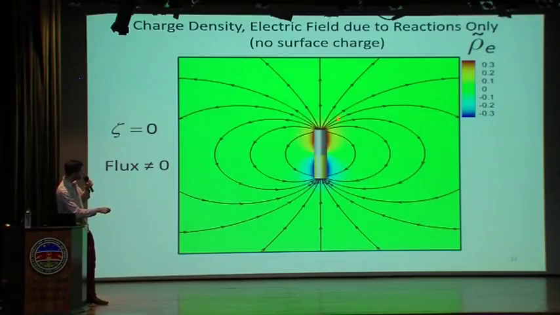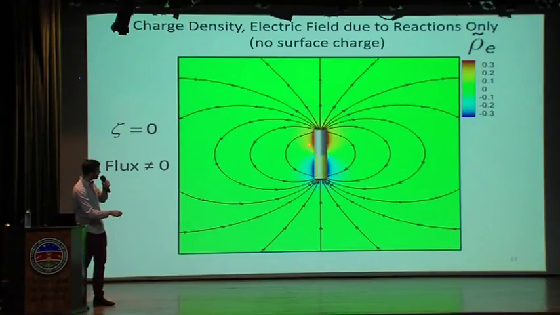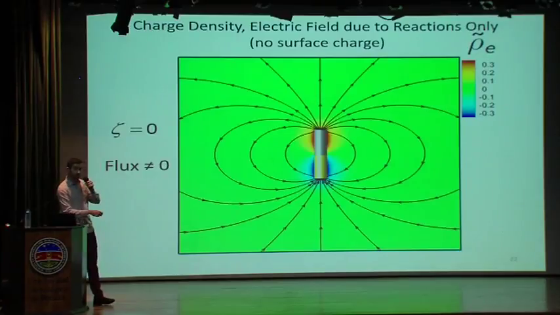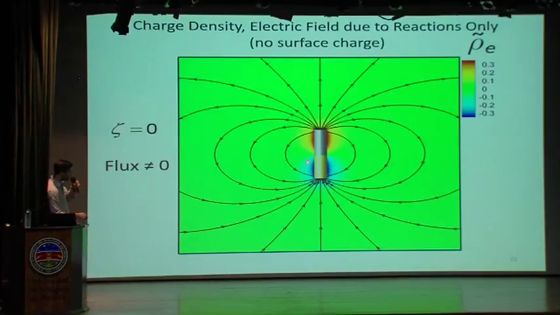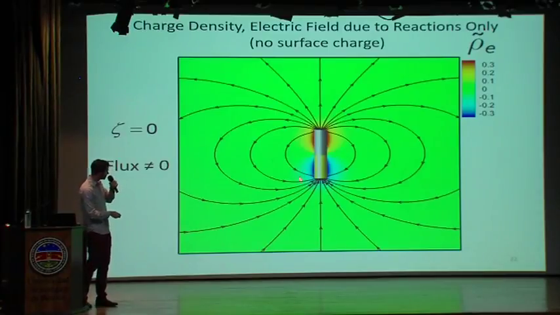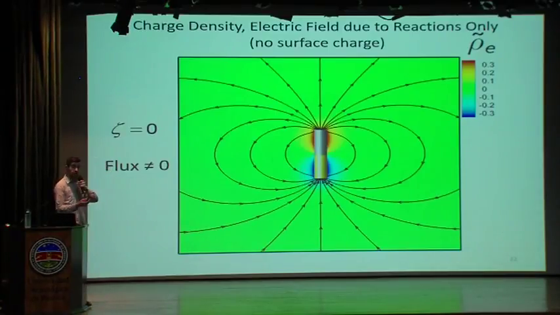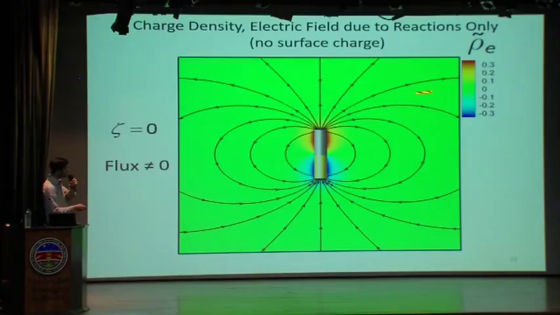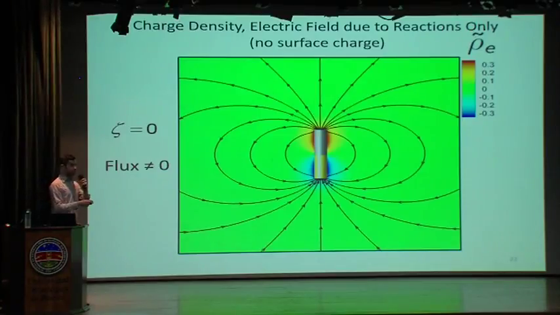So when protons leave the platinum, there should be a region of positive charge here. When protons are consumed on the gold side, we should have a negative charge right here. And that's indeed what we see. So again, this is charge density. The important thing here, though, is that the fluid is positively charged near platinum and negatively charged near gold.